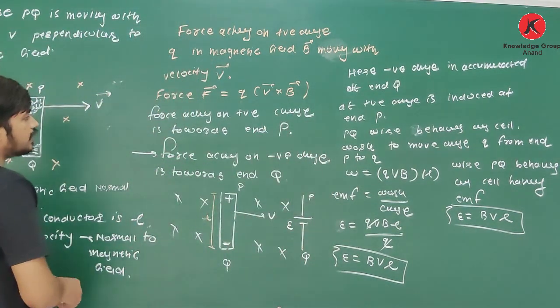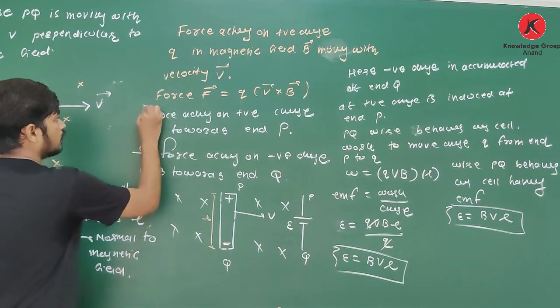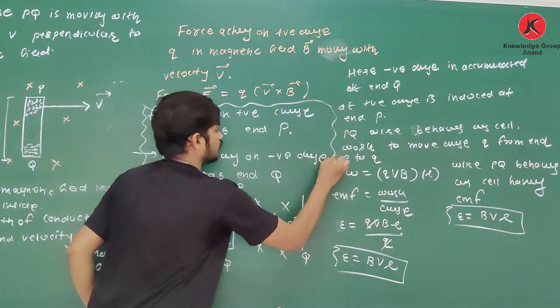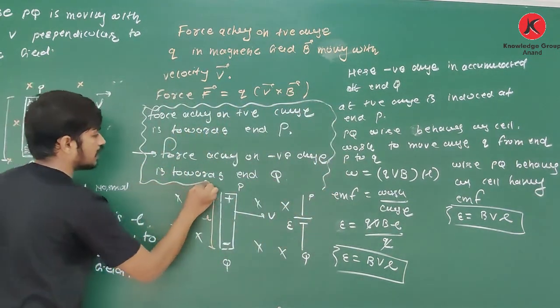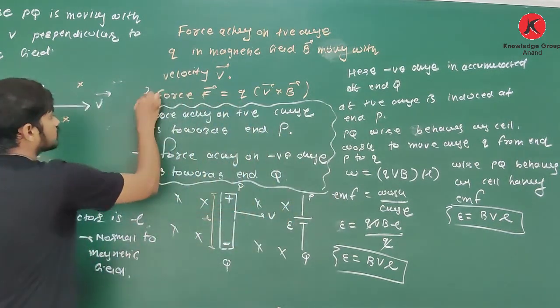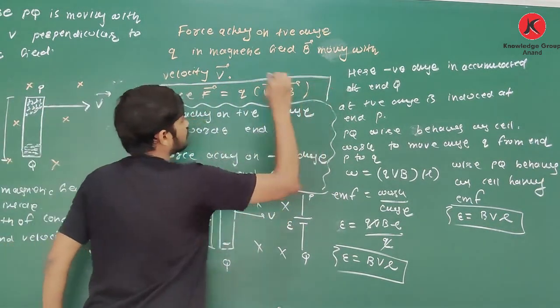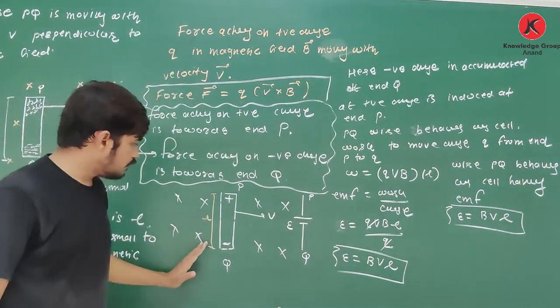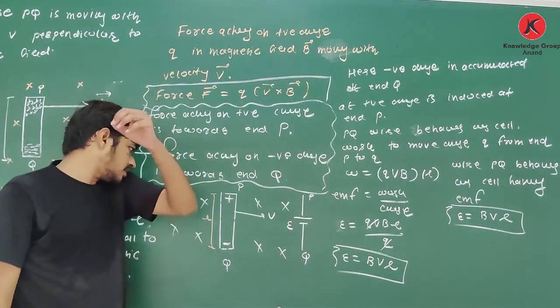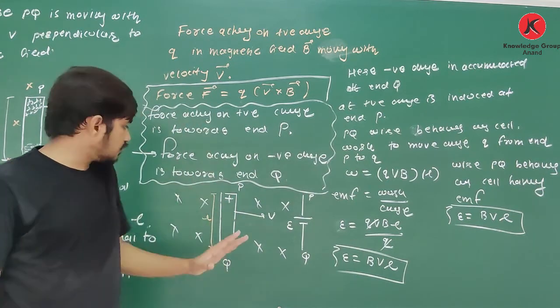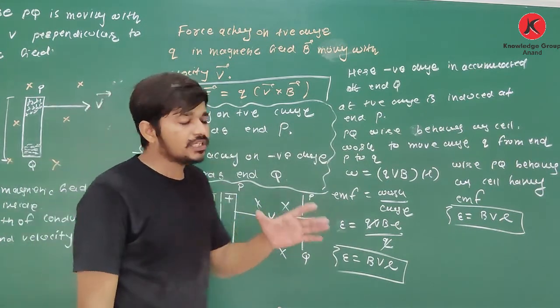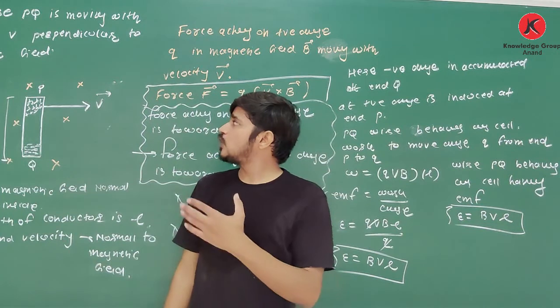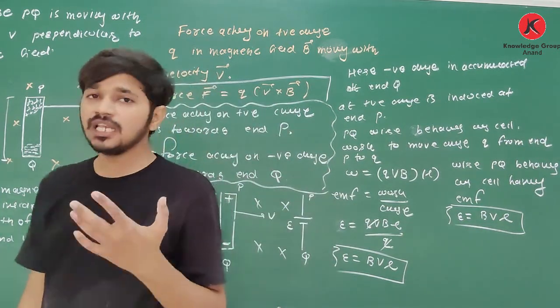You have to find the direction with the help of this equation. Clear about this? If you understand this situation, you can obtain the direction of P and Q in each and every case. So it is all about motional EMF.